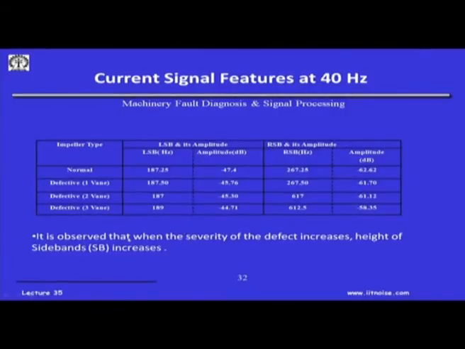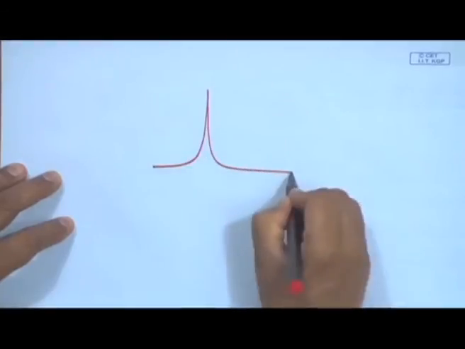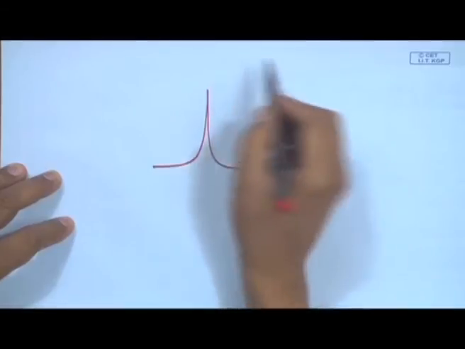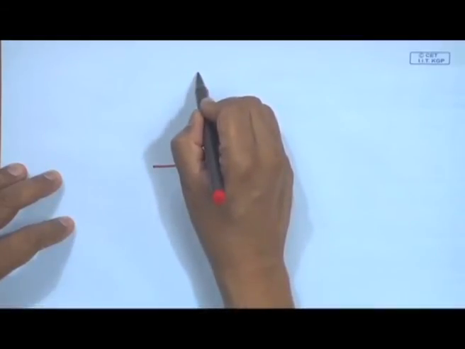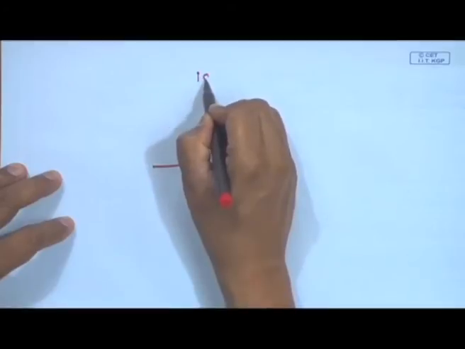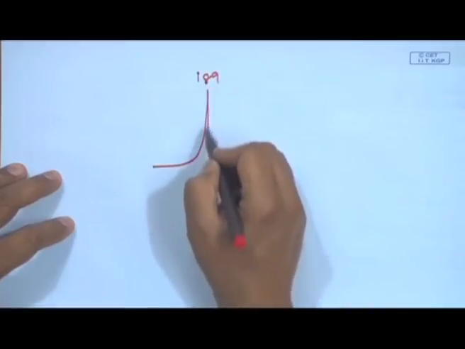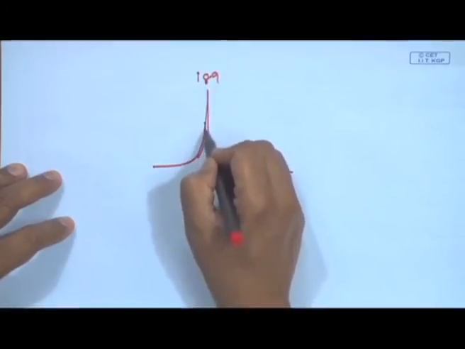It is observed that when the severity of the defect increases, the height of the sideband increases, because you will see from minus 47.4 it has become minus 44.71, from minus 62 it has become minus 58.35. That means around the supply frequency, around 189, these values are going to increase.